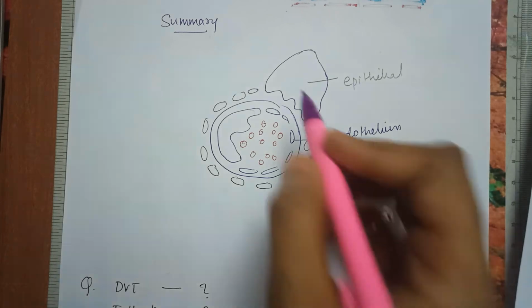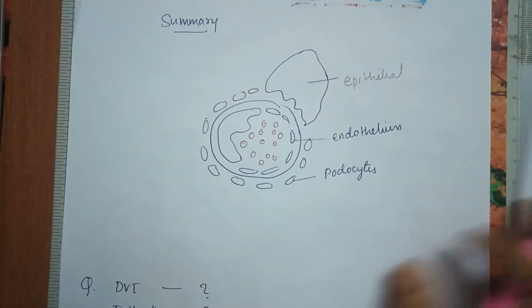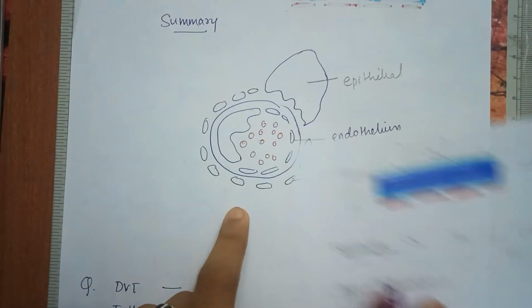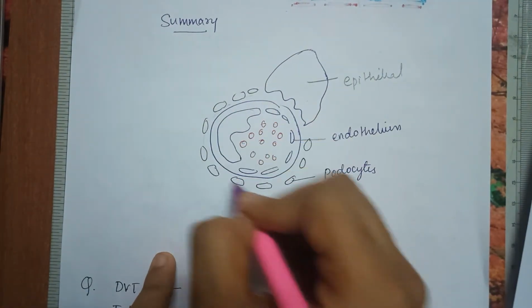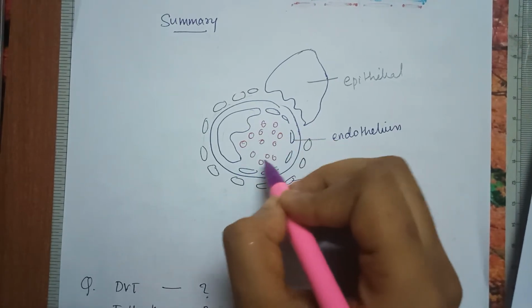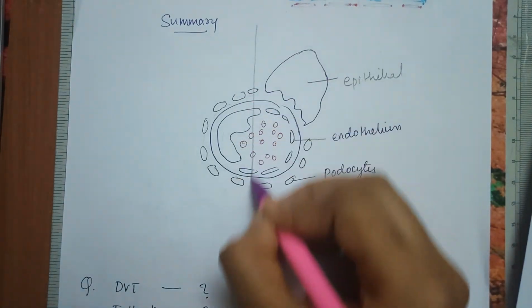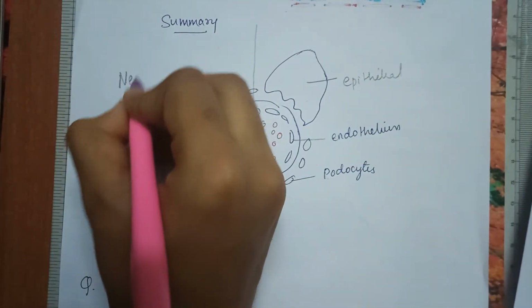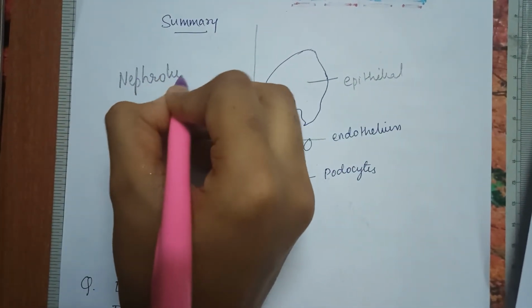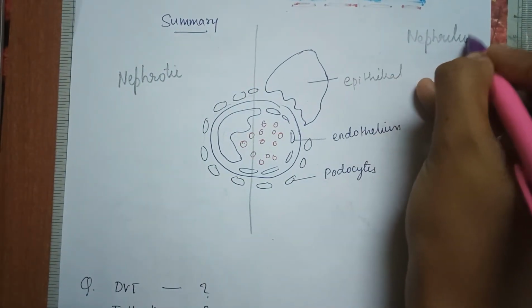Just summarizing, see, this is a cross section. This is our epithelium, this is podocytes, this is endothelium. I have mentioned, this is endothelium, this is vasculature. I have drawn red color RBCs. So basically, when I divide this into two and consider nephrotic and nephritic, try to understand.